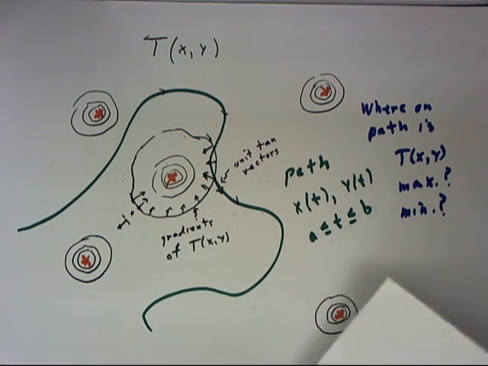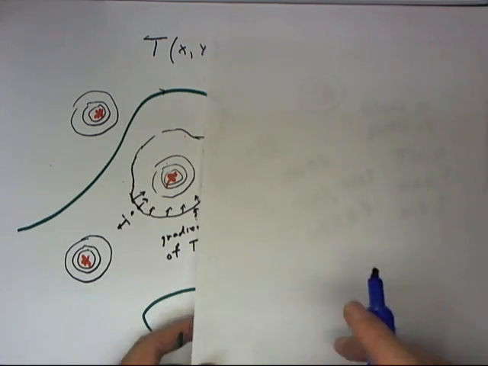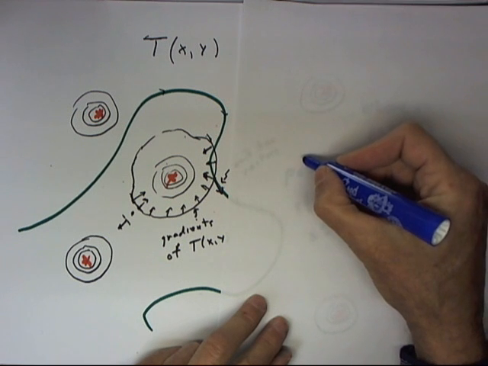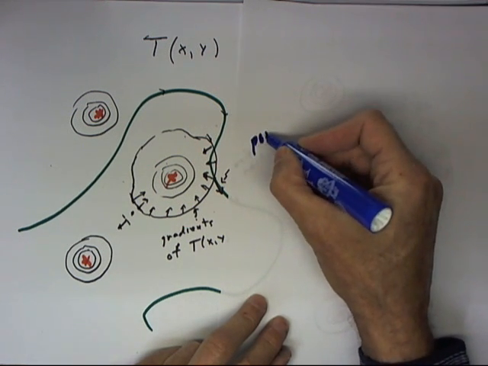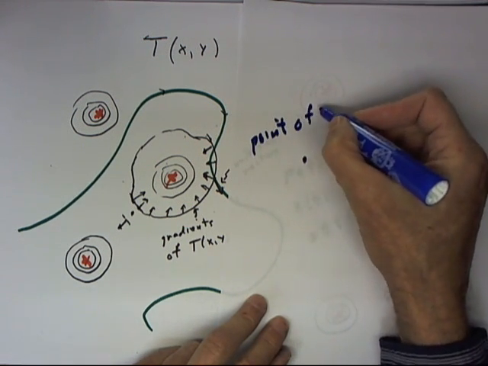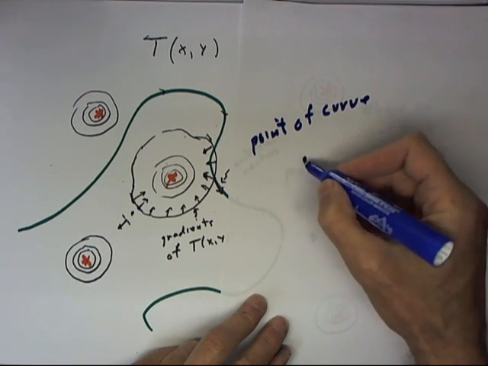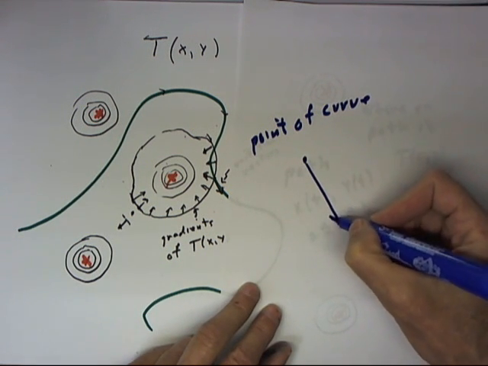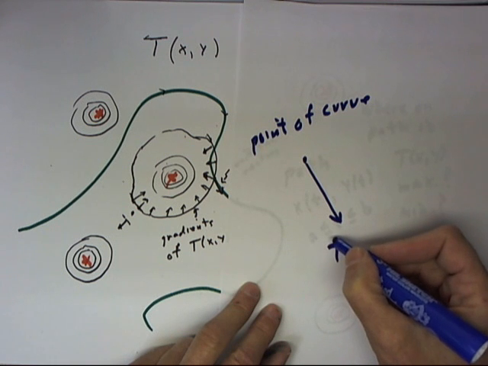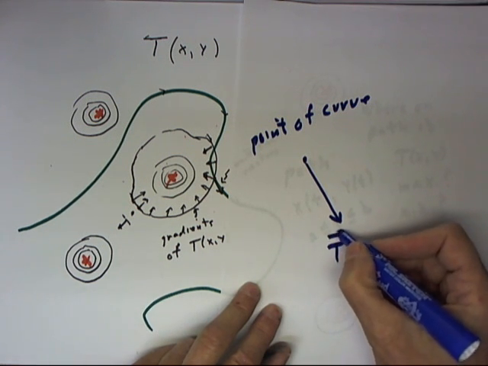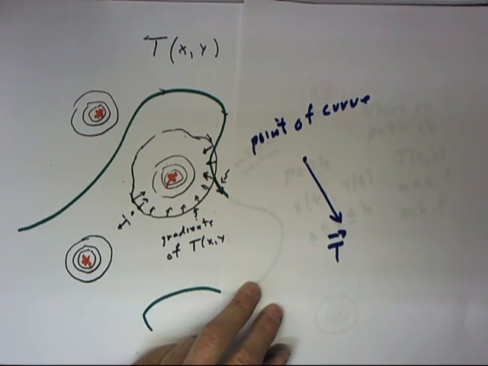So I'm going to stick my neck out here and say that if this is a point of the curve, and this is our unit tangent vector, I've got a little notational glitch here.